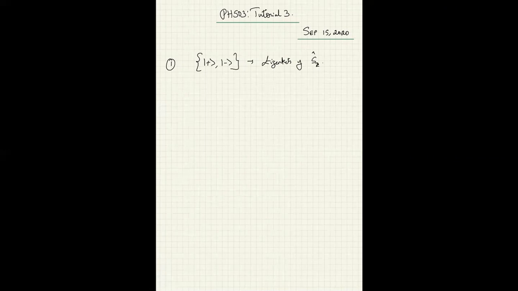In class, we discussed the operator form of two operators in this two-dimensional linear vector space. The identity operator, this actually stems from the fact that this is a complete basis. This is the definition of the identity operator, right?